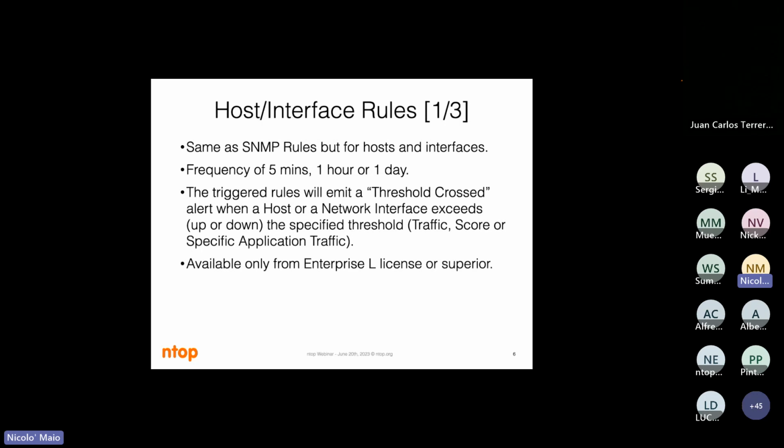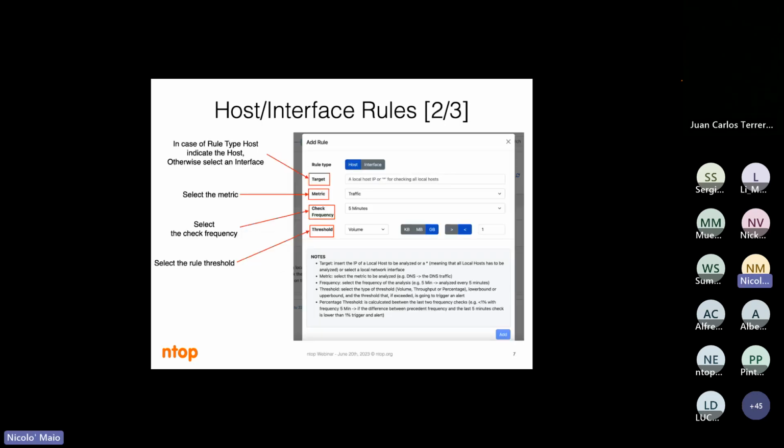Now, in order to add host or network interface rules, first of all, the user has to select the rule type, which can be host or interface. In case of rule type host, the user has to indicate in the target field the local host IP or just star, and as with the SNMP devices, all of the hosts are going to be monitored by the same rule.